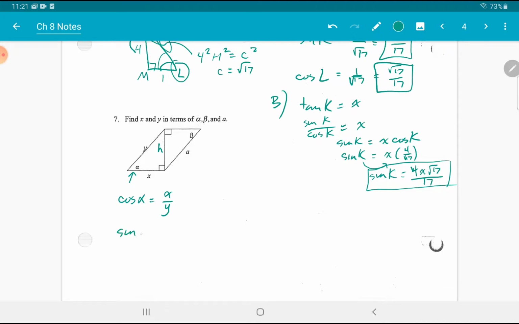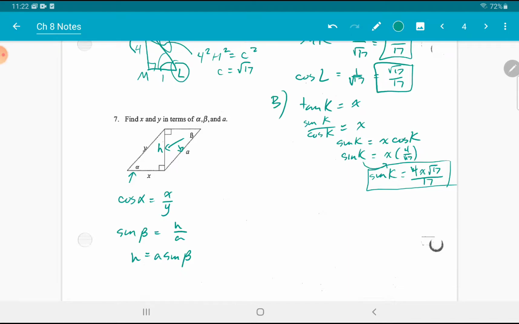I know that sine of beta, I can only do sine of beta because those are the only two things that I'm given. I don't necessarily know that this is x, right? It's not a parallelogram per se. So I don't know what this is here. So all I know is h and a. So I can say sine of beta is h over a. That would lead me to believe that h is the same as a sine beta.